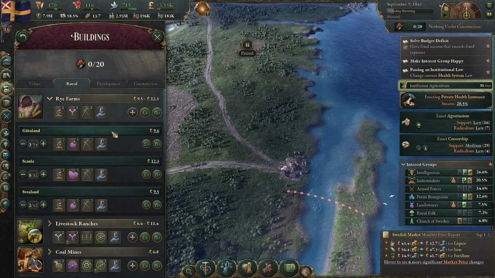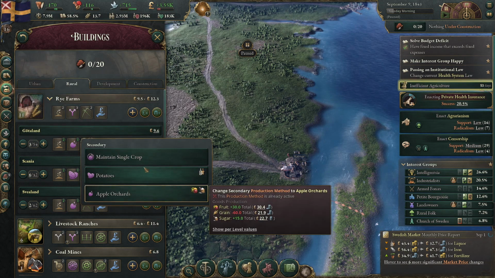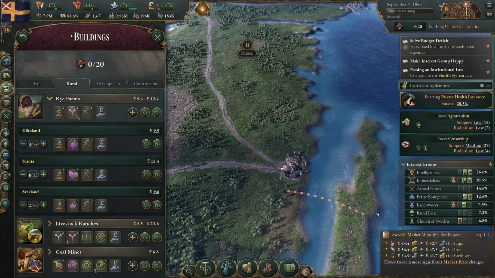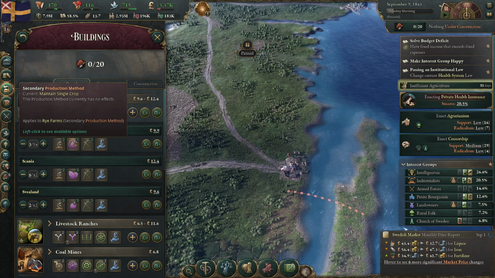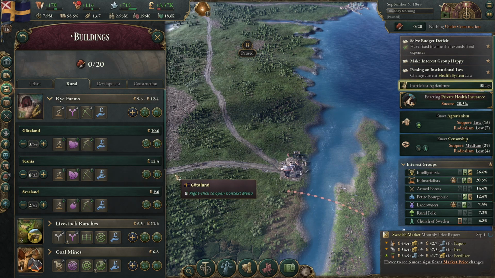Right, we've got nothing being constructed. I'm just going to need to think about this. Gotland, apple orchards as well. I think what I'm going to do, we go back to that. What we got. Yeah, well, what crop is it?